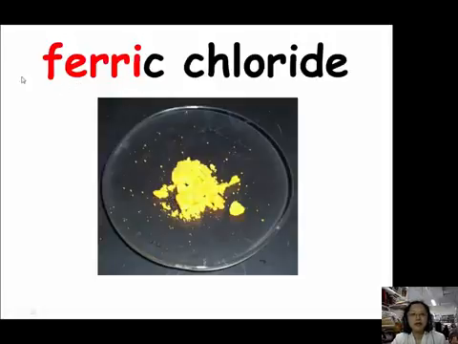Our example for ferri, F-E-R-R-I, is ferric chloride. As shown in the picture here, this is ferric chloride hexahydrate. Ferric chloride is an industrial scale commodity chemical compound.